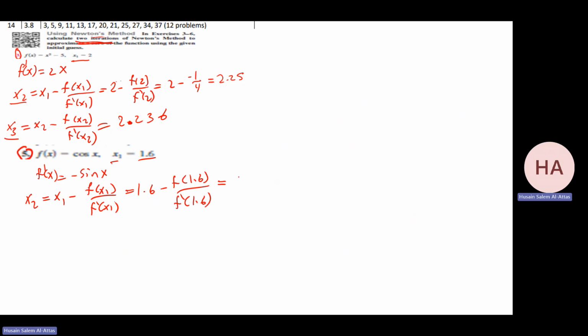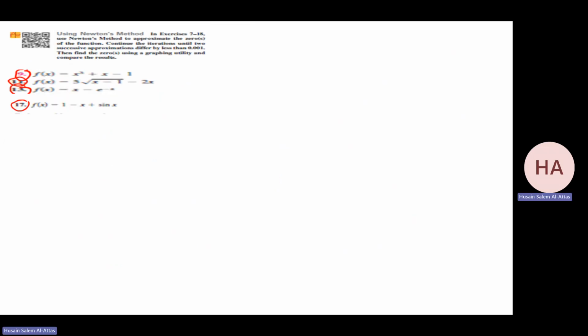We get this number, 1.5708. Do the same for x3. I plug this number and we did the calculations. We get the same, 1.5708.